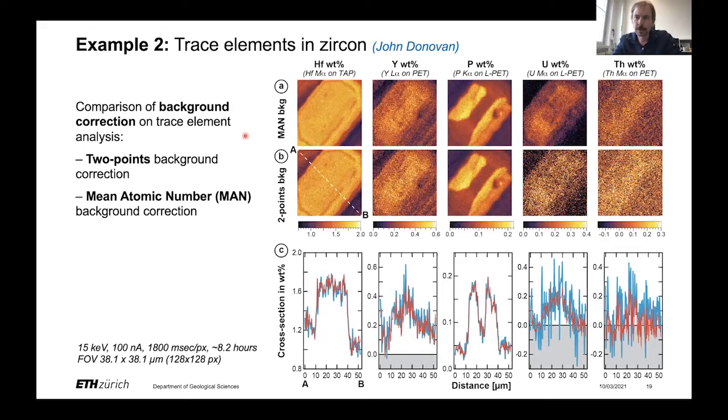However, when you get your background map, you have extremely poor statistics. Your precision is horrible, and the total error on your results will depend not only on the peak measurements, but also on the error on your backgrounds, which is much, much higher. So acquiring the backgrounds will add noise to your image. That is yet another reason to use the mean atomic number background correction.